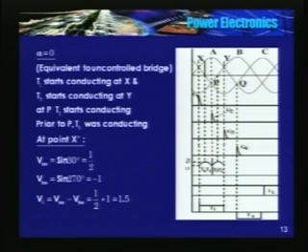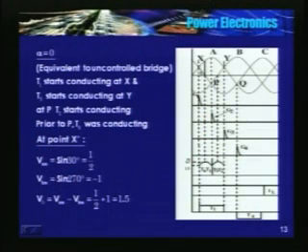Now let's draw the output voltage waveform. Please try to understand now. I said alpha may be measured with respect to the point of natural commutation. While drawing the output voltage waveform, you need to find the instantaneous value of the phase voltages measured from the positive zero crossing. Remember, alpha is measured with respect to the point of natural commutation. That's all, nothing else. So at alpha equal to 0, what is the instantaneous value of phase A?